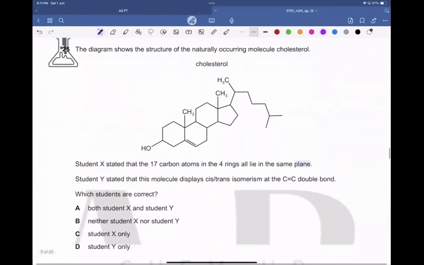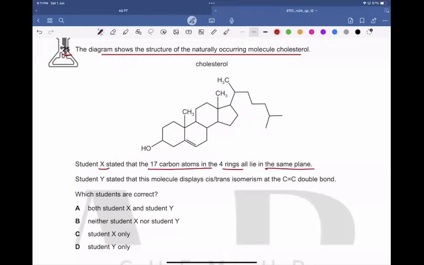Now, question number 25. The diagram shows the structure of the naturally occurring molecule cholesterol. Student X stated that 17 carbon atoms in the four rings all lie in the same plane.